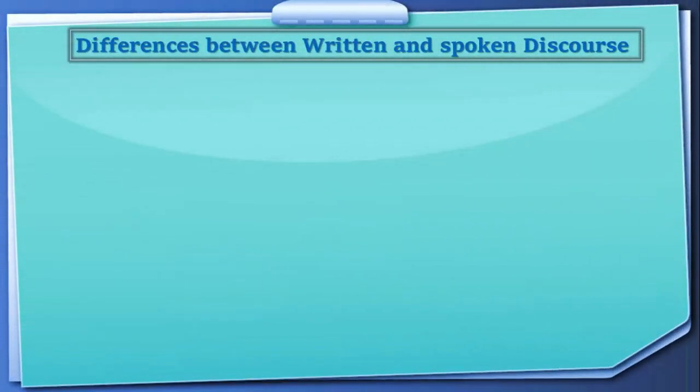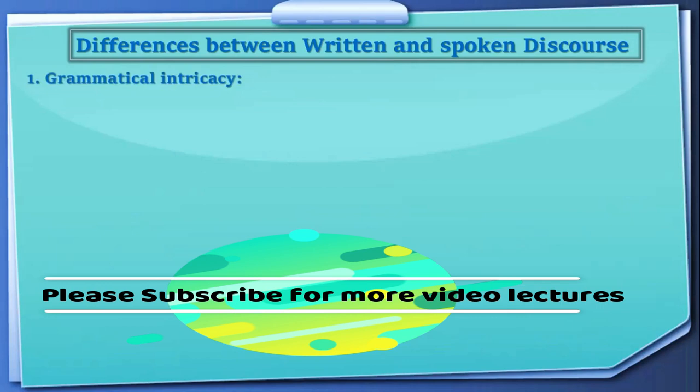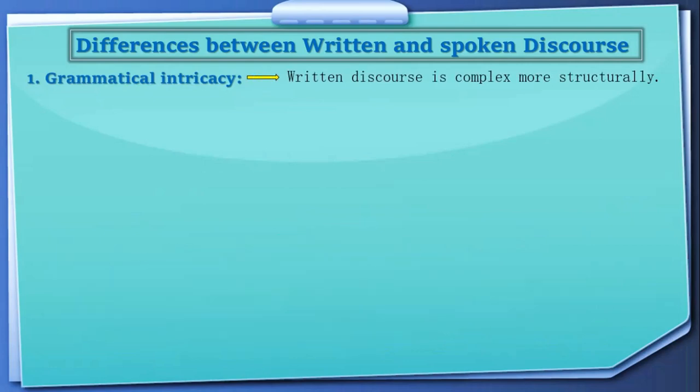Here are certain differences between written and spoken discourse we are going to discuss. Those areas are, number one, grammatical intricacy, or in other words, grammatical difficulties. Written discourse is more complex structurally. So when we talk about grammatical intricacies or grammatical complexes, we say written discourse is much more complex than spoken discourse.